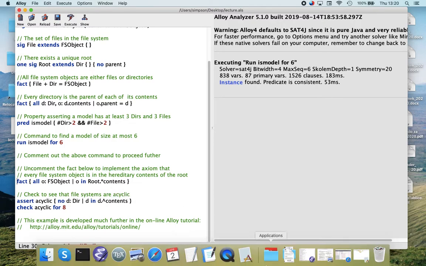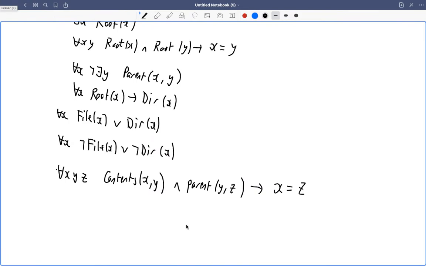Okay, so how would we write this in predicate logic? So let's go to here.